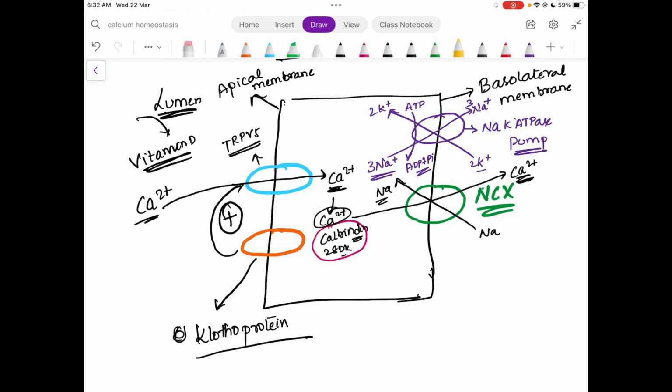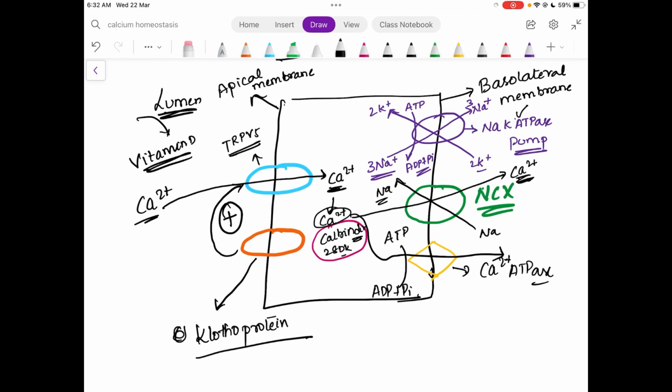We have one more protein called the calcium ATPase pump. With the utilization of energy from ATP, ADP and inorganic phosphate are generated, and this calcium is extruded out with the help of the calcium ATPase pump.